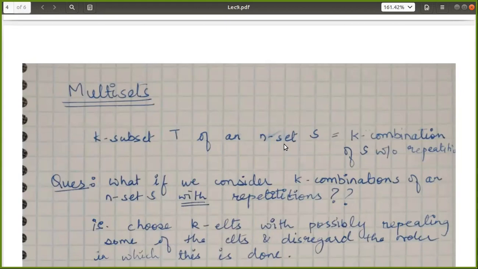So set S has cardinality n, and T is a subset which you want to be of cardinality k. The question is, how can I choose a k subset T from the set S of n elements when I allow repetitions? And if at all, then how many such subsets will be possible? That is where we will end today. Rather, the answer to this is where we will end today.